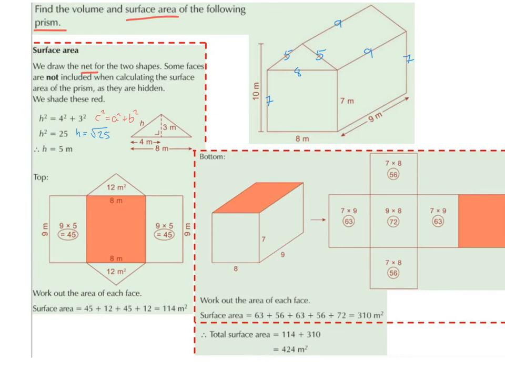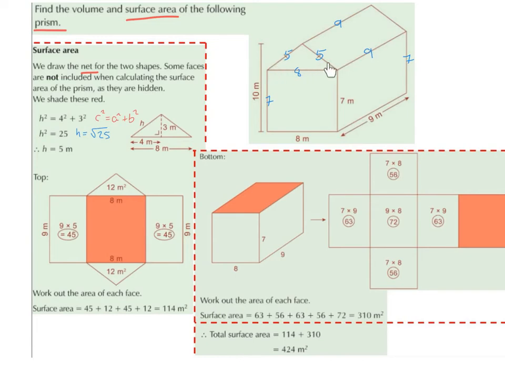Okay, so I want to find the surface area of the triangular prism at the top. So I have a triangle at the front, which I already worked out in the last question to be 12 meters squared, and the triangle at the back that we cannot see is also 12 meters squared. And I got the 12 because I said half times base times height.